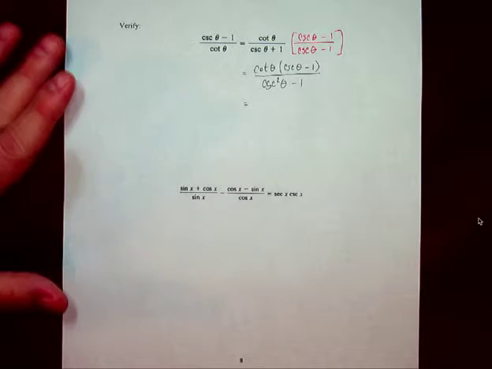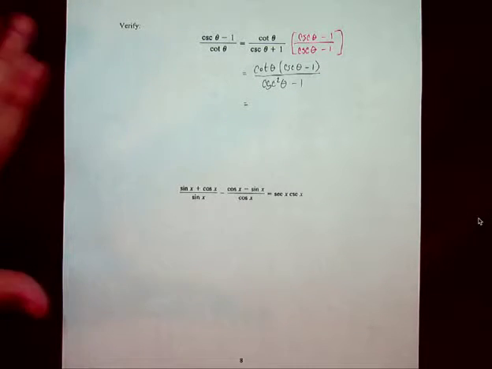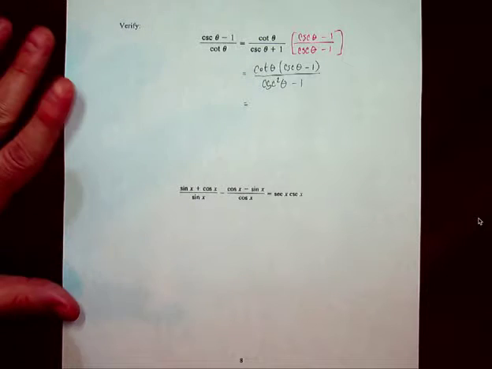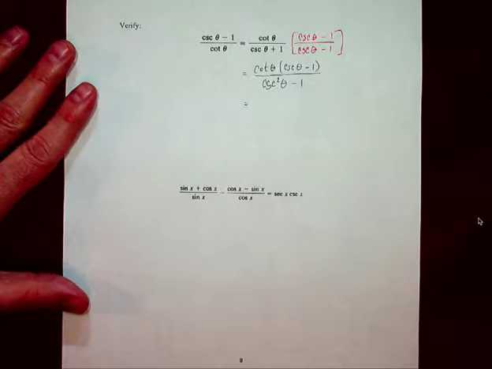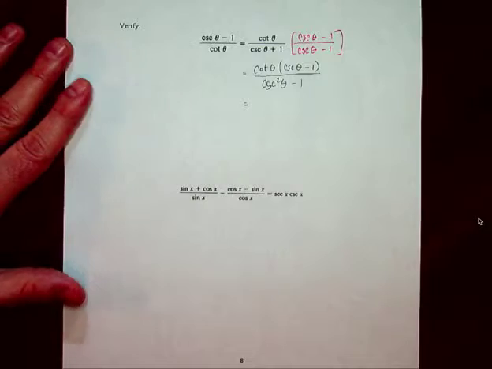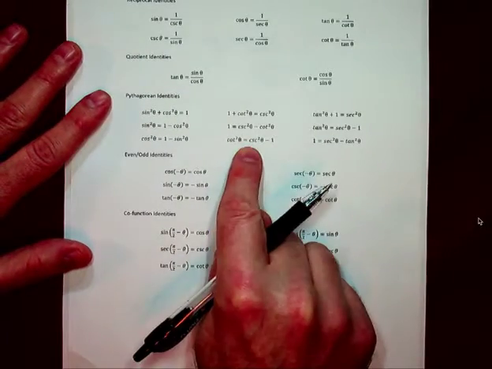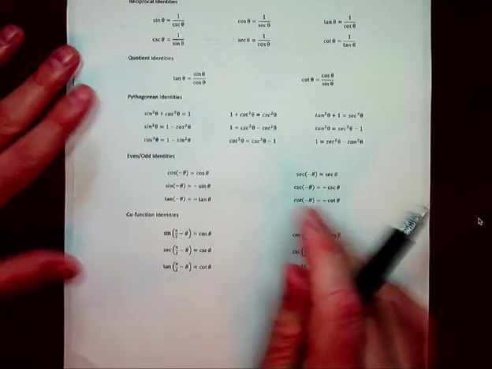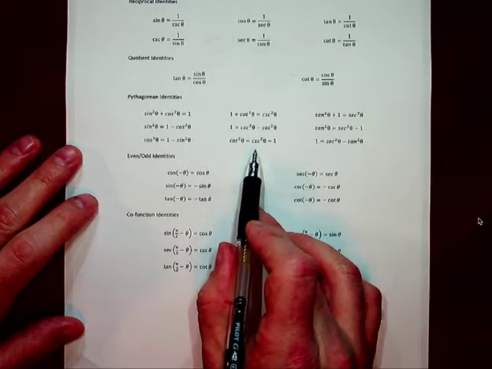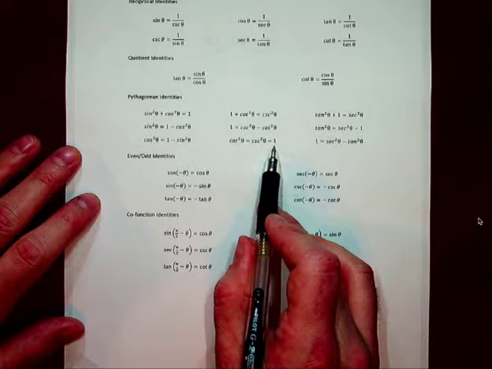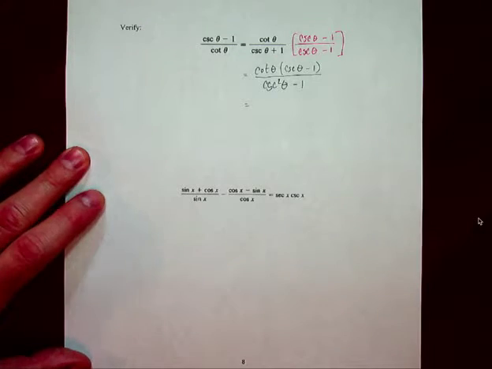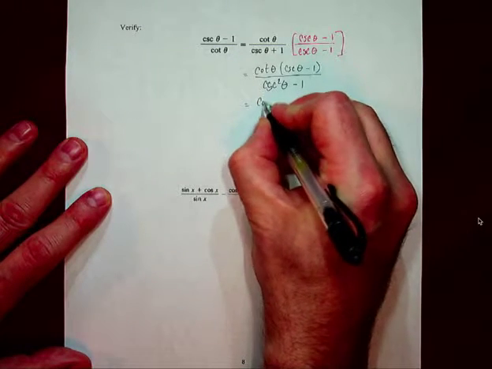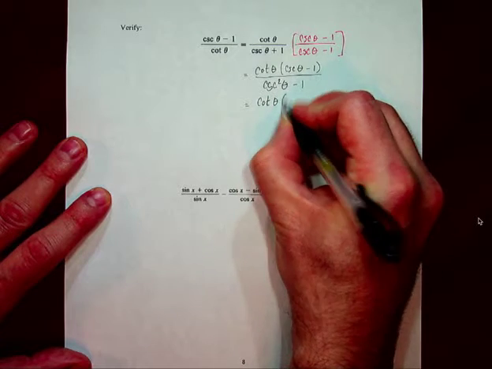Now, for those of you who have worked with the sine and cosine Pythagorean and the tangent and secant Pythagorean, but have yet to do much work in the cotangent and cosecant Pythagorean, remember, it's this middle column right here. And we recognize the fact that cosecant squared minus 1 is cotangent squared. So that denominator becomes cotangent squared.